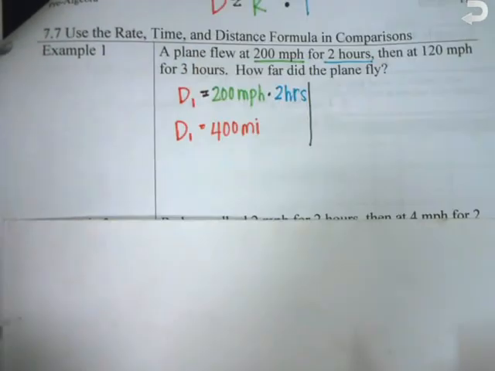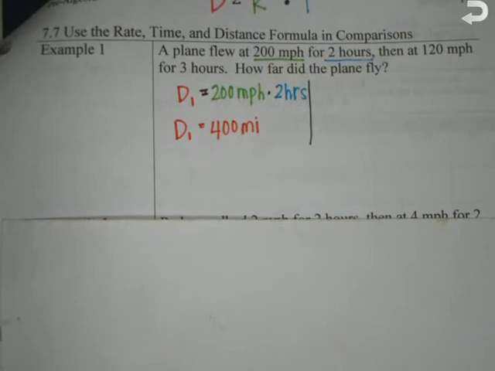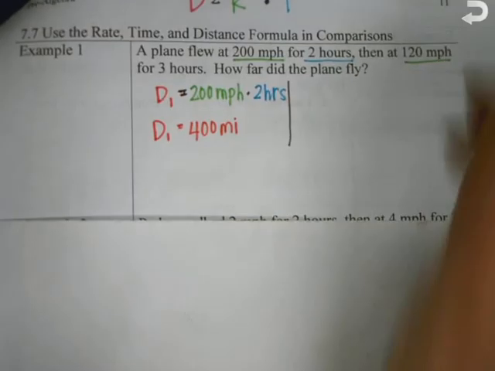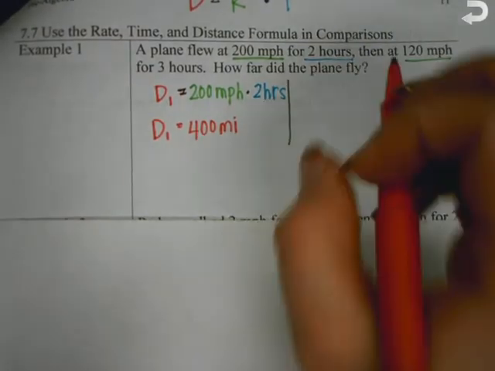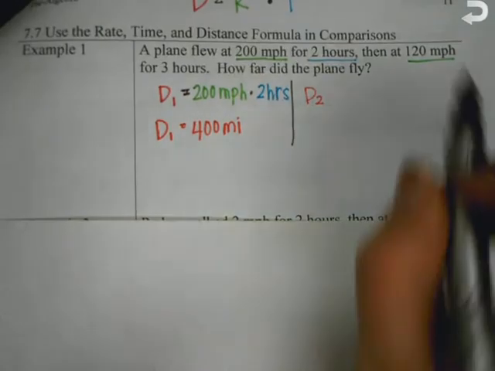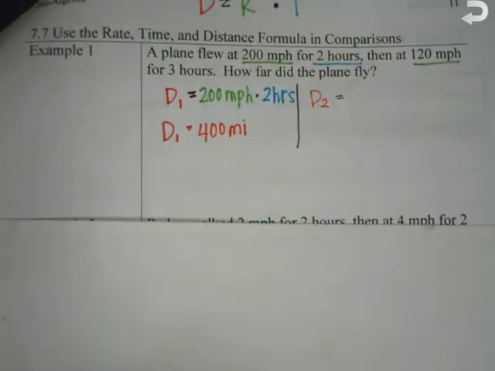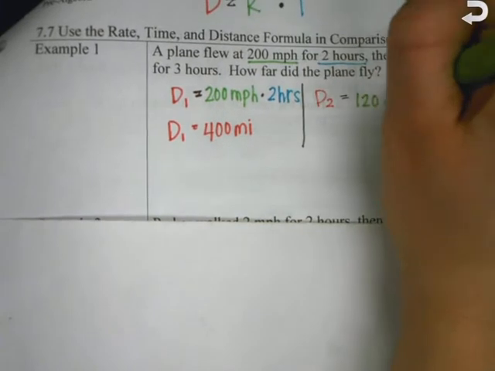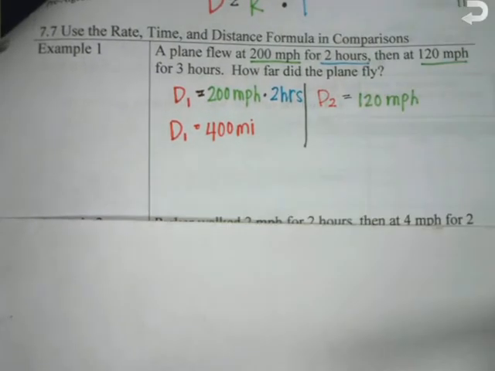Now we're given information for the second part of the trip. For the second part, the plane flew 120 miles per hour. So we're going to call that D2 equals 120 miles per hour times 3 hours.